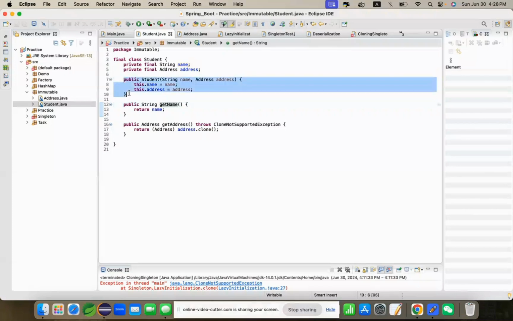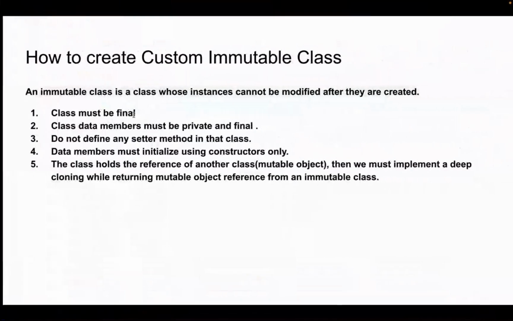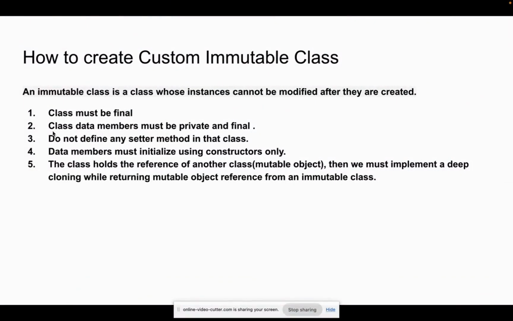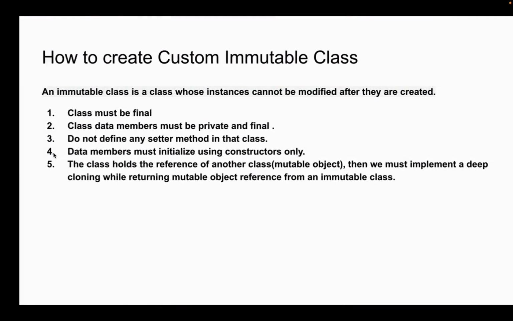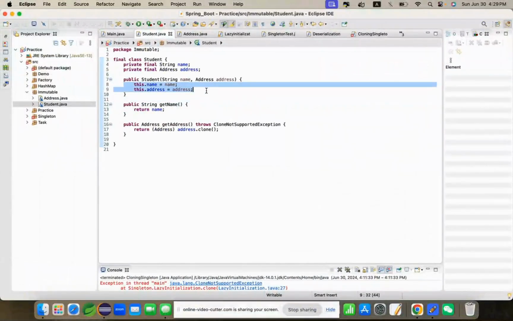And then here we create the constructor. The data members must be private and must be initialized using the constructor only. So we only use the constructor to assign a value to each field.